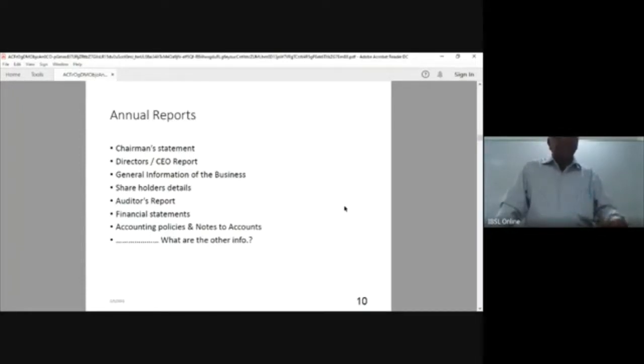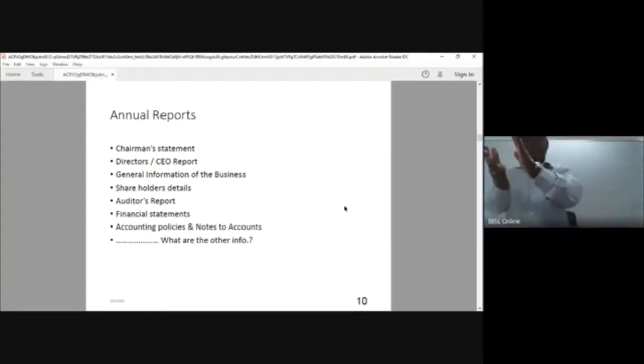Accounting policies and notes to the accounts will be there. If you have gone through the annual reports of public companies or your banks, you would have noticed all these things. What other information can you find in the annual reports? Please, somebody tell me what other information you can see in the annual reports?